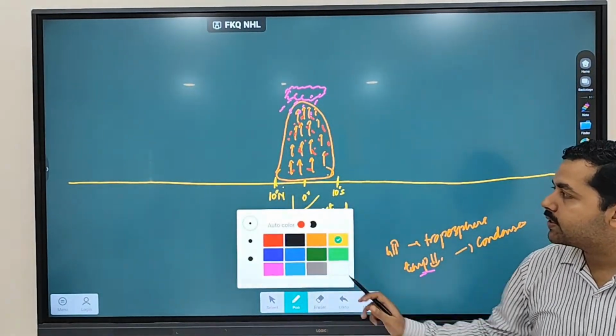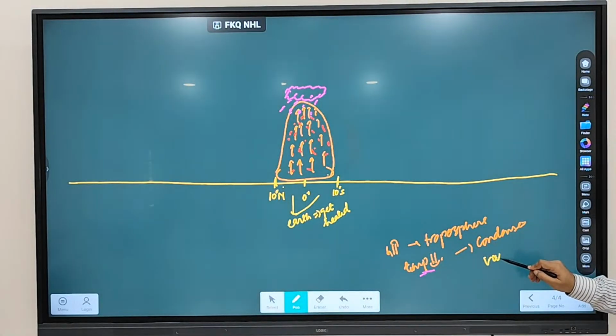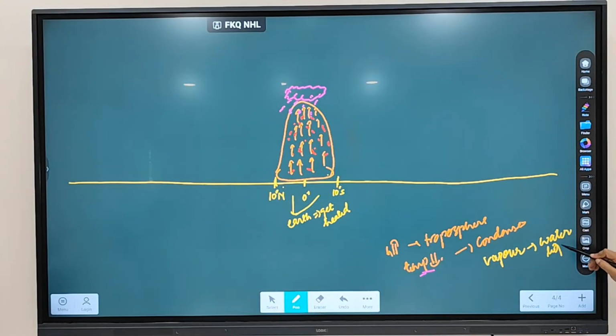Now, we discussed just now that whenever anything is converting from vapor to liquid state, what is being released? Whenever anything is converted from the gas state to the liquid state, what is being released?